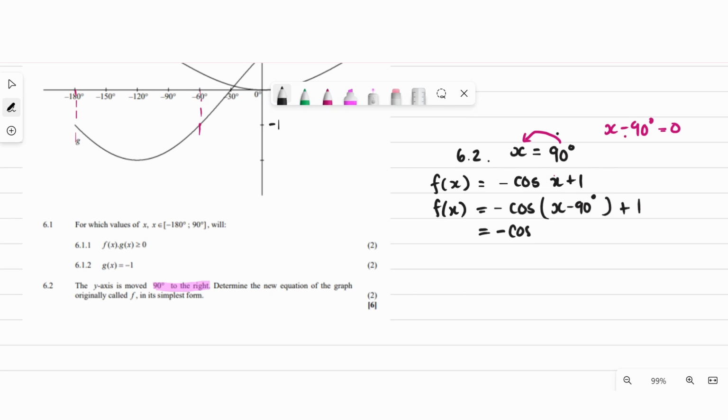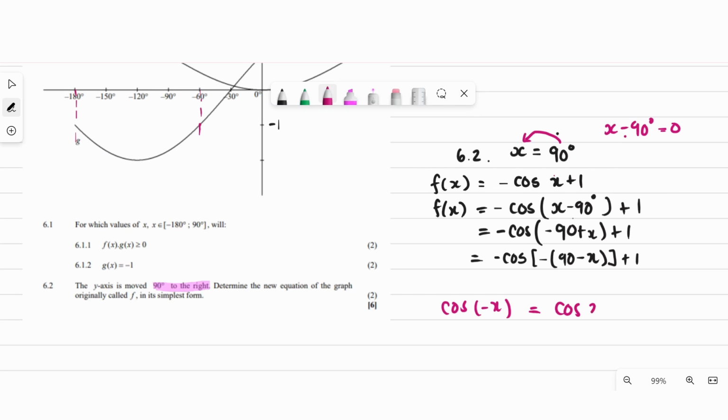So it's going to be cos of negative 90 plus x degrees. Before I do that, I'm going to take out a negative as a common factor. Remember this, if we have cos negative x, it becomes positive, so it's going to be cos x. So this is going to become positive, keeping the negative outside.